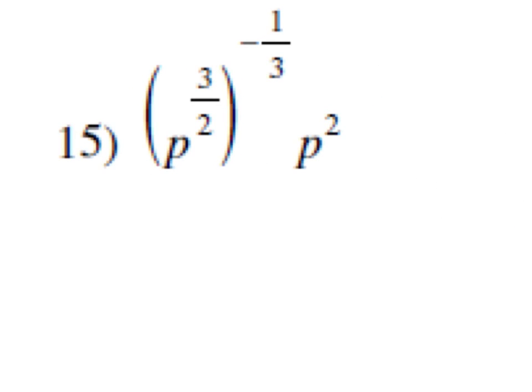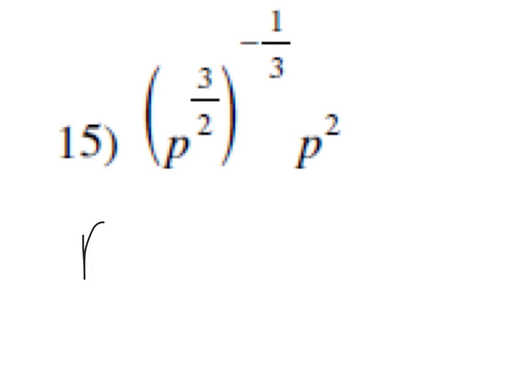Okay, so for problem 15, we have a couple different things going on here. First of all, we have our base p that is raised to another power. So remember, the rules of exponents say that if we have a power raised to another power, that we multiply those exponents together. So let's go ahead and do that.